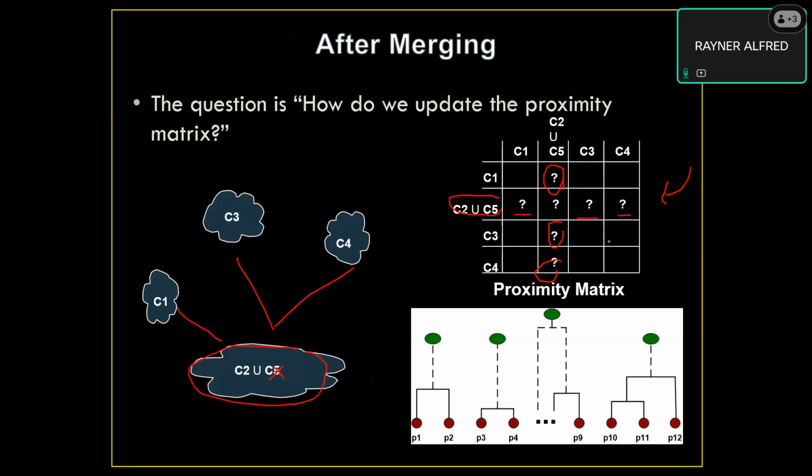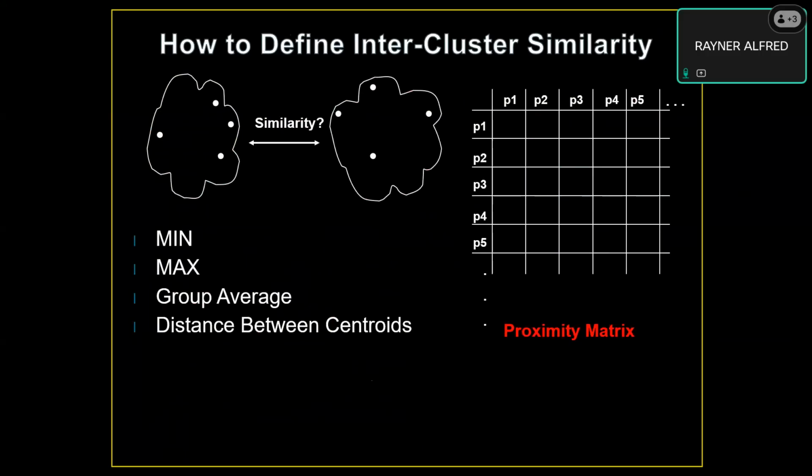The issue that we want to address here is the distance between clusters, how close they are together. For this, we have a few methods. The first one is called min. Min is the distance between two members that belong to two different clusters, meaning the distance between these two clusters is determined by the smallest distance we can get from two members from two different clusters.